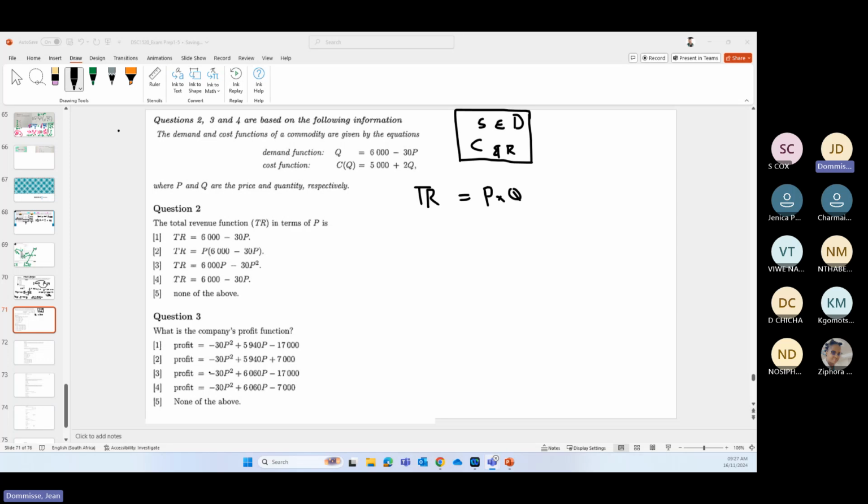Total revenue, price times Q. Okay, so and we have Q. So even if I use different wordings and things like that, look at just that formula, price times Q, and then you see, huh, that demand function that I normally use for the supply and demand, I can actually use it in my quantity, my Q, to work out total revenue.